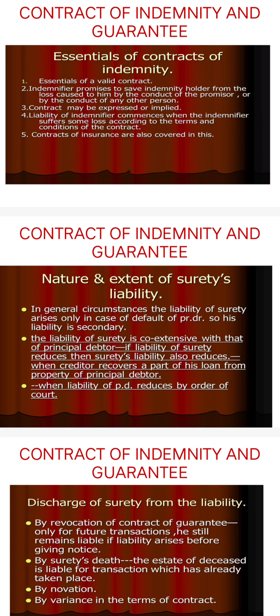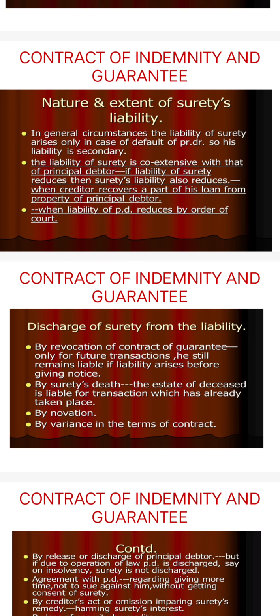The third essential is contract may be expressed or implied. Fourth, liability of indemnifier commences when the indemnity holder suffers some losses according to the terms and conditions of the contract. Then the fifth essential is contract of insurance are also covered in this essentials.